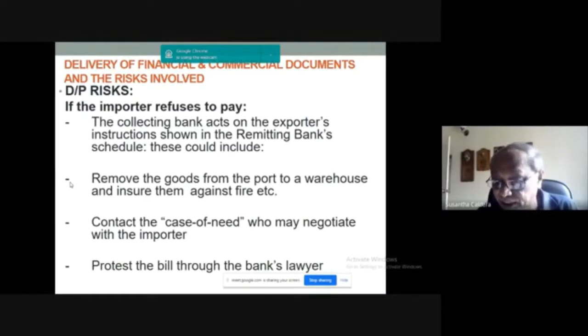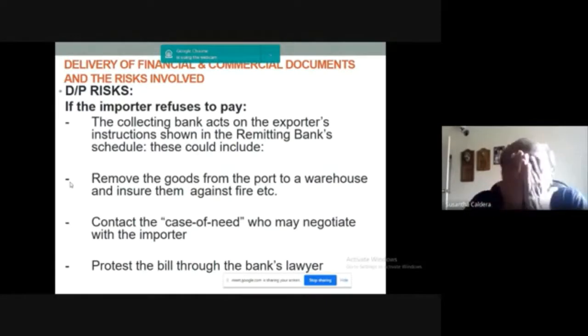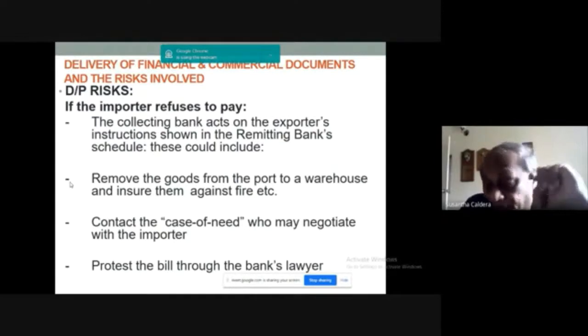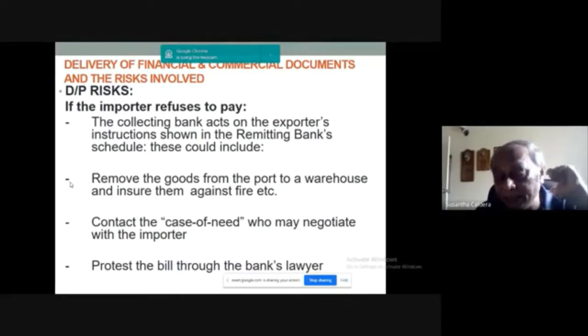In the absence of such indication, banks will not accept any instruction from the case of need. Right? What do you mean by that? In a collection order, if you are mentioning a case of need, then you have to mention the power of the case of need. Otherwise, even if they give us some orders, we have the right not to act on it. Right?